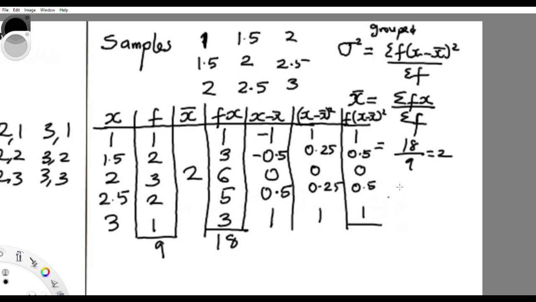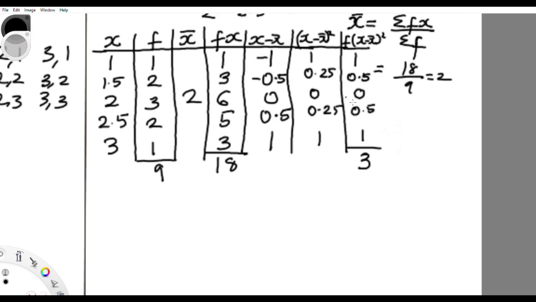So summation of f times (x minus x bar) squared, that's 1, 2, 3. Okay, we've gotten 3 there.